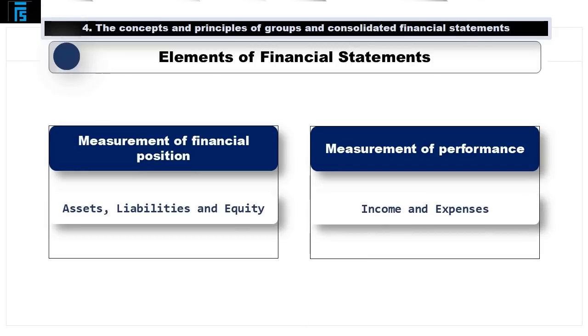Before we go into the details of each element, let's first consider the reason why they are actually divided into 2 groups. I suggest that we draw on a very visual metaphor taken from the movie industry. The company which prepares a set of financial statements is akin to the main protagonist, the lead character of the movie.